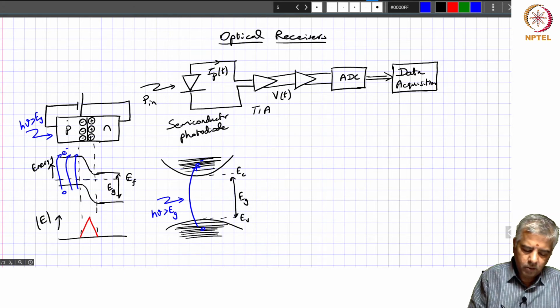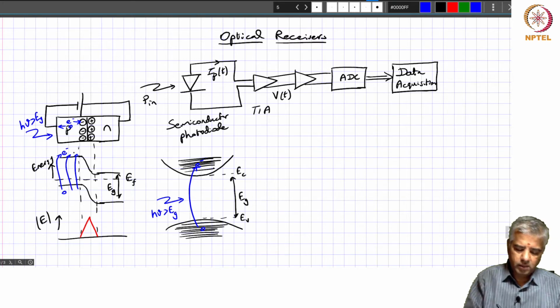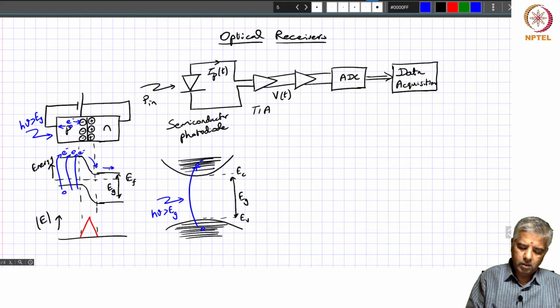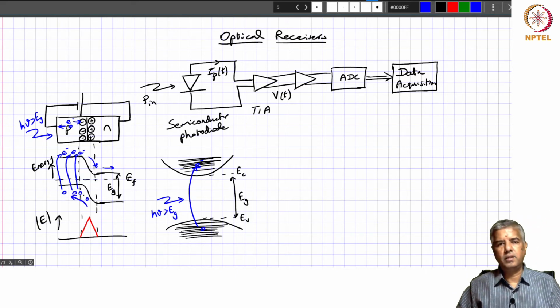If it's generated over here, let's say this is an electron and a hole here, the holes will move this way, the electrons will move this way, and so the electrons that are generated over here are going to go out to the external circuit like this, whereas the holes that are generated in these regions are going to see the external circuit, and that constitutes a photocurrent in the external circuit.